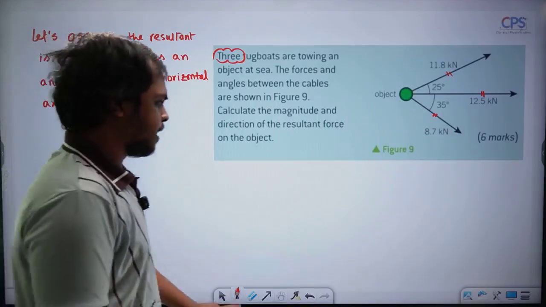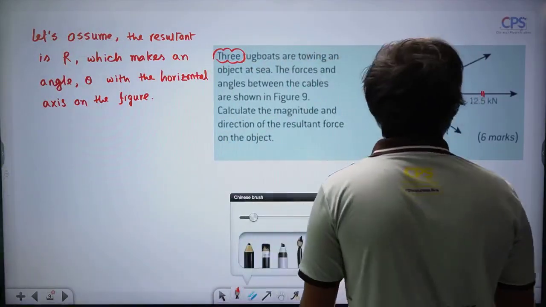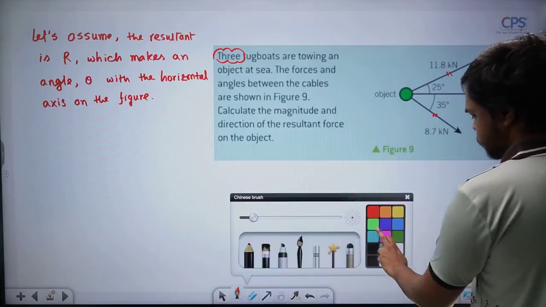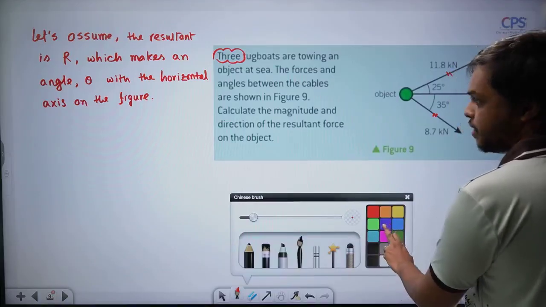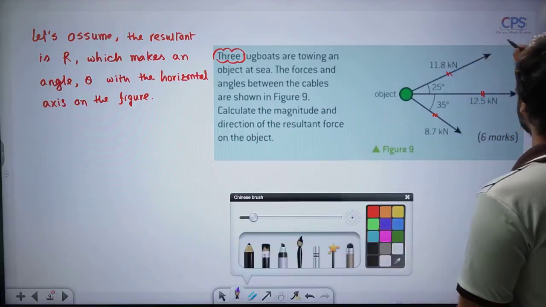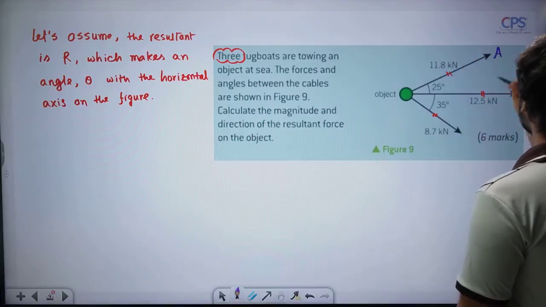Then let's assume our three forces here. Let's give them some names. Let's see, this is force A.